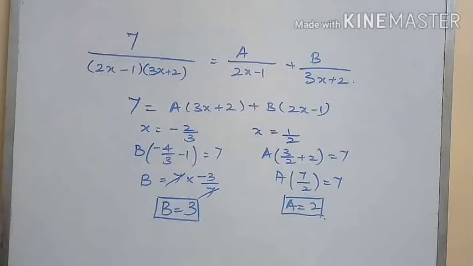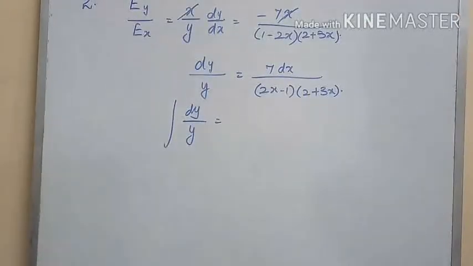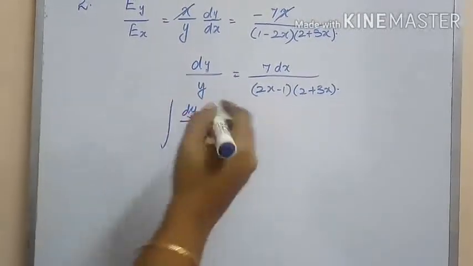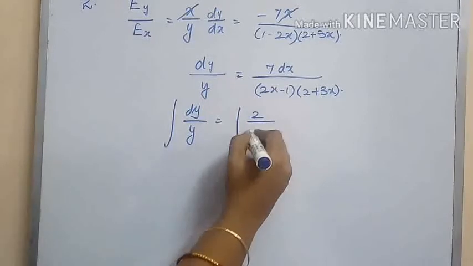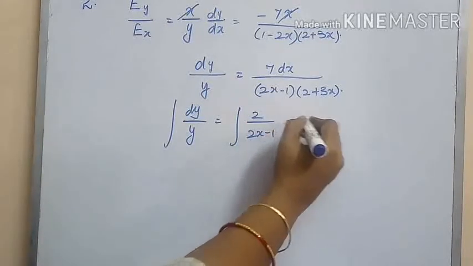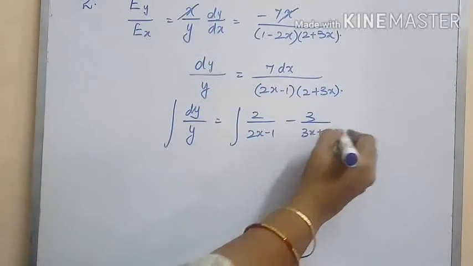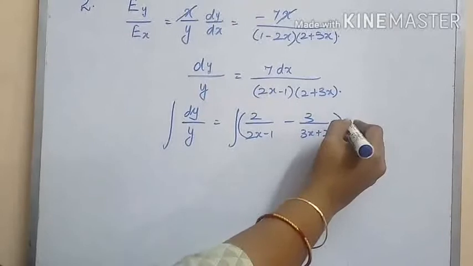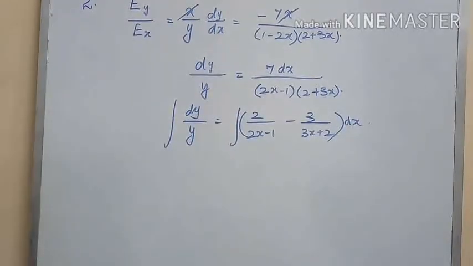Now let us substitute these values in the partial fractions. So we get integral of dy by y is equal to integral of 2 by (2x minus 1) minus 3 by (3x plus 2) dx. Now let us integrate.